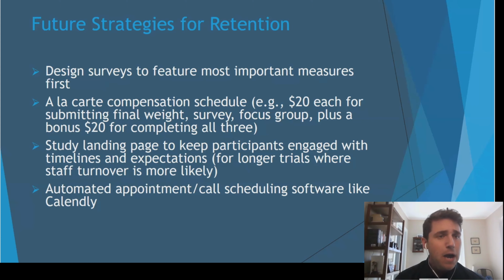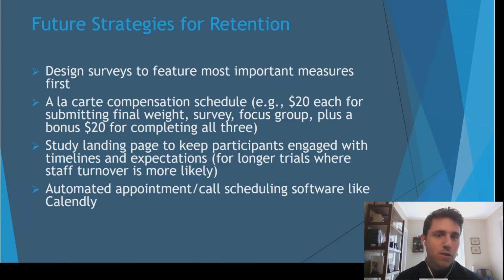So we talk all the time about how we can improve retention and improve participant experience in our trials. One thing we found is, okay, in the future, we're going to design our surveys, as Sherry mentioned, with very low burden, only the important questions on them. But also, can we start them with the easiest questions or the most important ones, so that they don't open the survey and are immediately smacked with a very burdensome questionnaire?